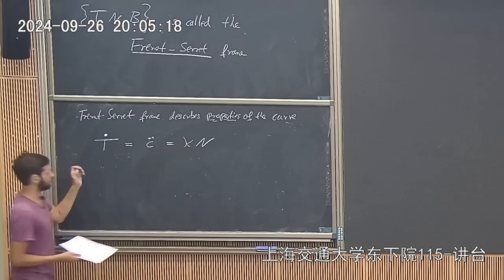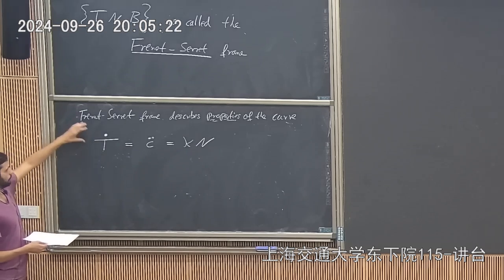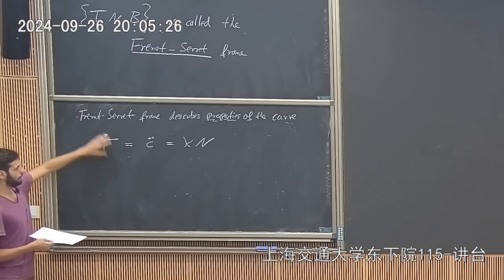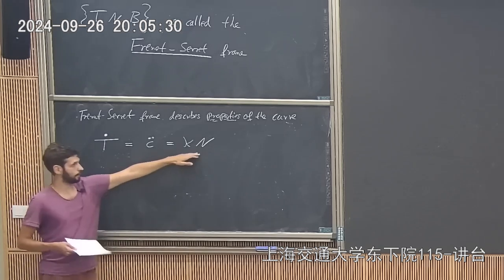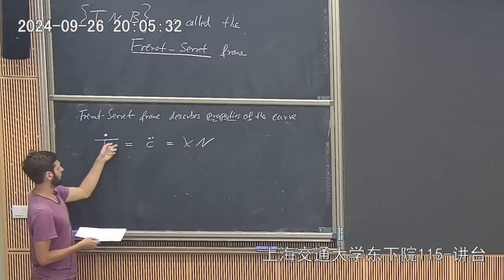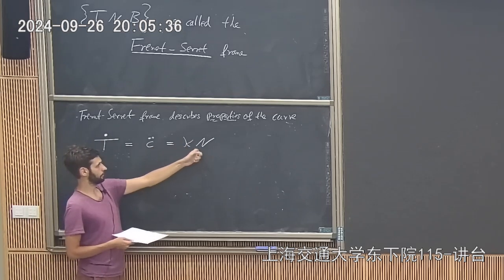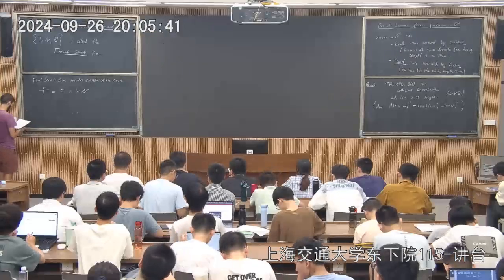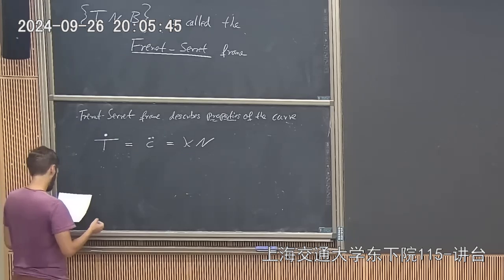The idea here is that we do that now for the other two also, that we take the time derivative of the frame and relate that back to the frame itself. In this case it's relatively simple, namely that the time derivative of the tangent vector field is the scaled normal vector field. Okay, so that's the first one.